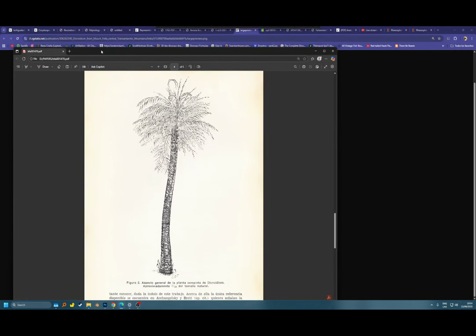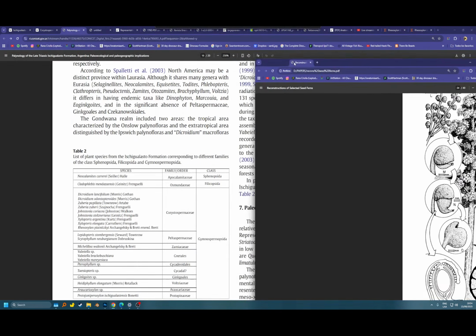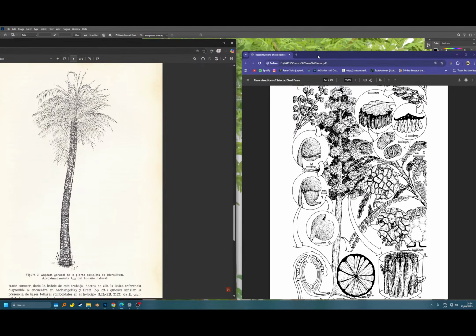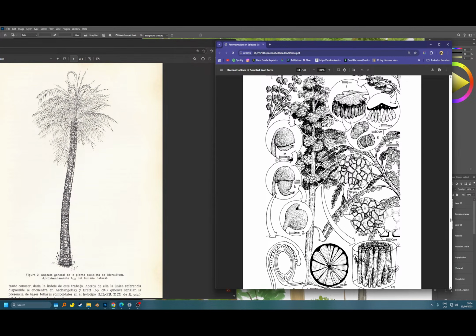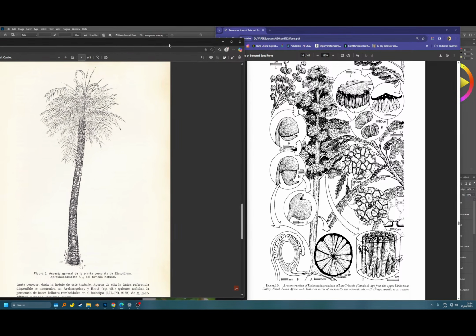I don't know where it is. Okay, it's here. You have two very different proposed reconstructions of dicroidium. I struggle with the pronunciation of the Latin and Greek names and stuff. Sorry. You have this.